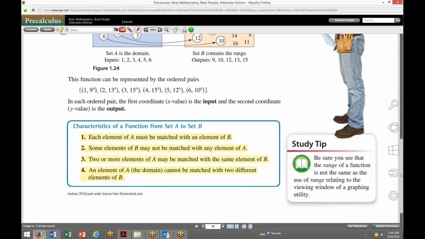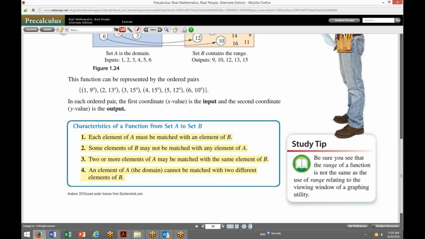So key points here are to understand the two sets of values: the set of x values as the input values, known as the domain, and the set of y values called the output values, and that's the range. And we'll go through these characteristics here at the bottom of this first page together.